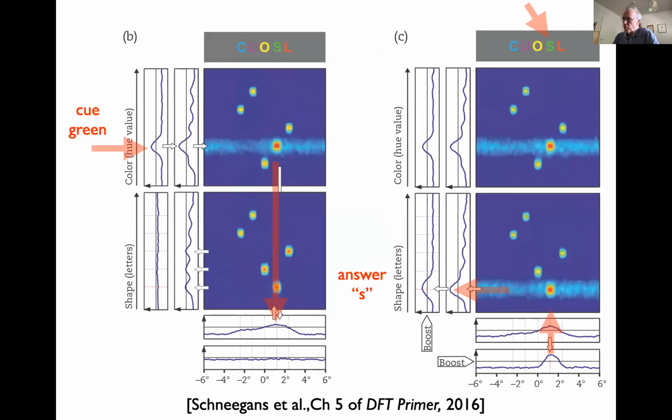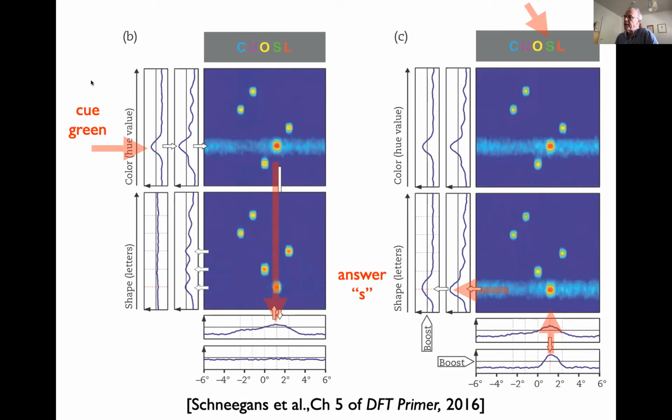Here's a sort of intuitive example of what that amounts to. Let's say you have these funny colored letters and you have some representation of color, and I'm just saying this is a toy example where you would have some shape representation. So different shapes for different letters and different locations along those fields.